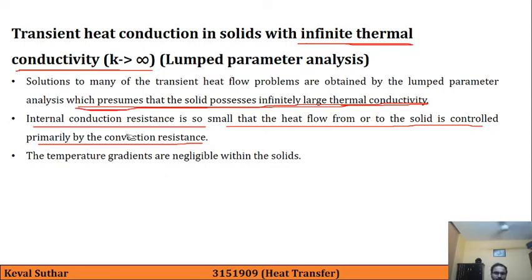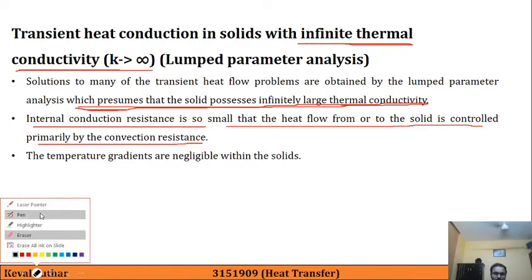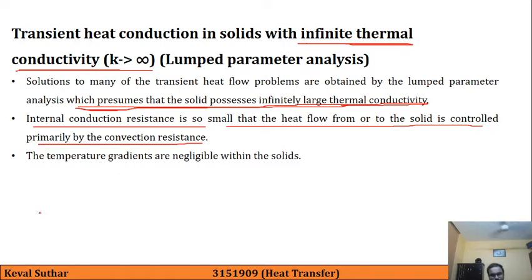And the temperature gradients are negligible within the solid. Why are temperature gradients negligible within the solid? Let us consider this to be a solid. If K tends to infinity, then there is no thermal resistance present inside this metal.